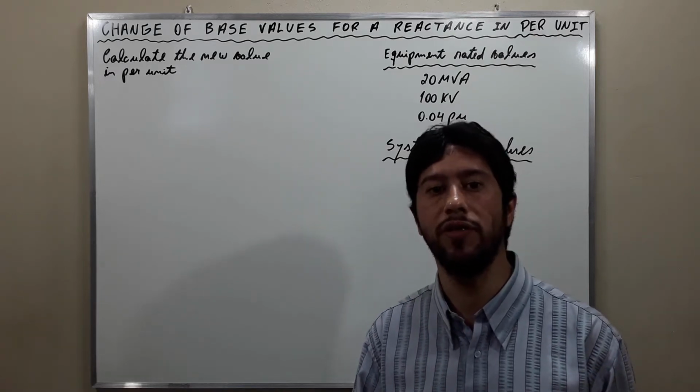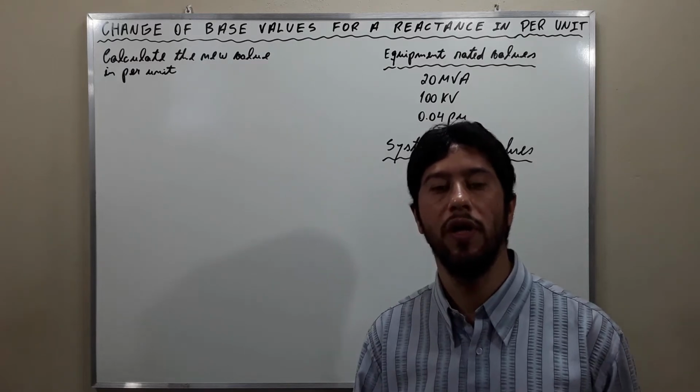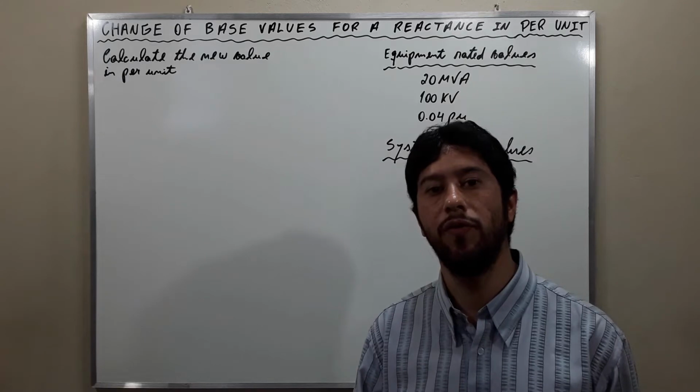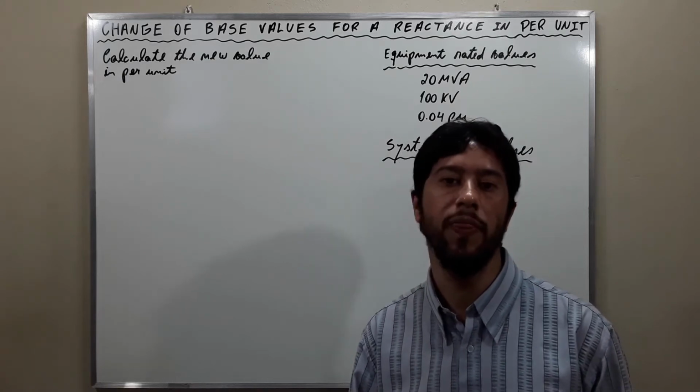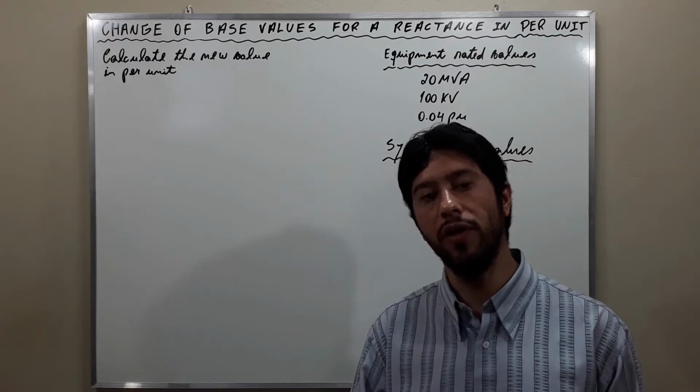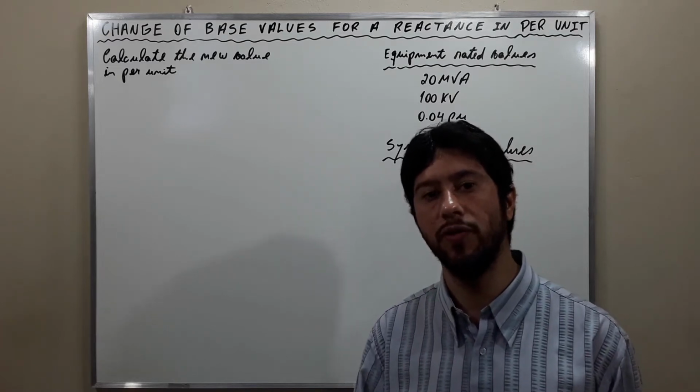If the system in which this equipment is installed has as base values 50 MVA and 50 kV, calculate the value of the reactance in per unit for the system's base values.